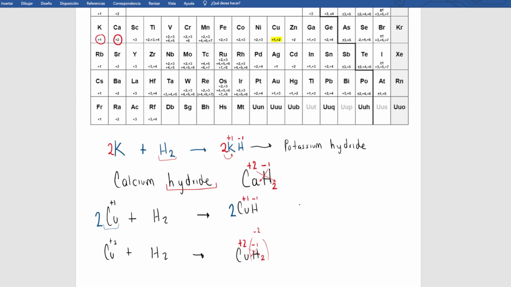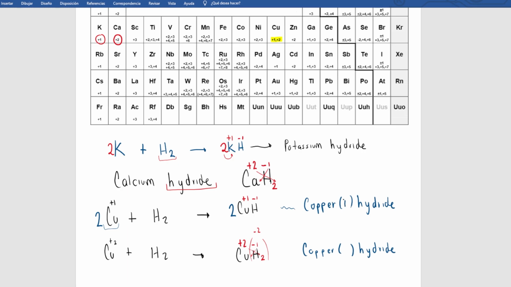Now, what about the names? The first one is going to be called copper hydride. And the second one is also copper hydride. But in this case, we'll need to put in parentheses the Roman number because it's a little bit confusing and we have to differentiate them.